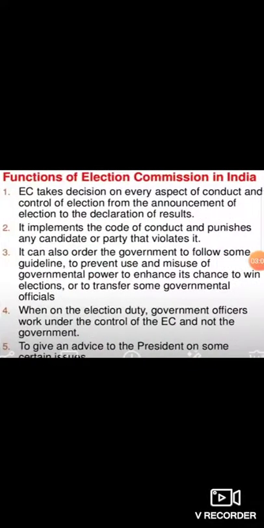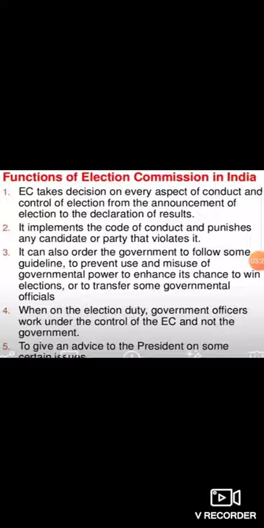Now, functions of the Election Commission in India. The Election Commission, or EC, takes decisions on every aspect of conduct and control of elections from the announcement of elections to the declaration of results. It implements the code of conduct and punishes any candidate or party that violates it.